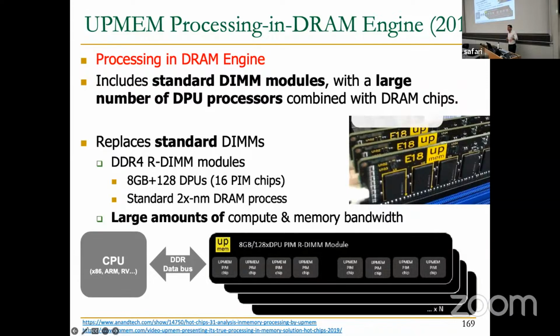This is not the first time that prototypes for processing memory architectures have been proposed. There was a big project in the late 1990s, early 2000s called IRAM. It was from some people from Berkeley, and they wanted to do some processing near memory architectures. They actually taped out some chips, but it never reached commercial deployment.